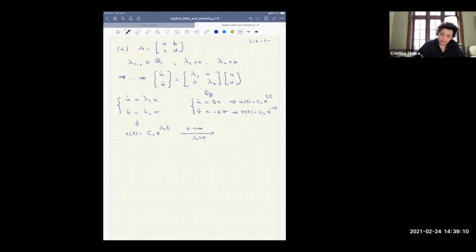It could be plus or minus infinity, depending on the sign of the constant in front of it. And v of t, because lambda 2 is negative, this will go to 0.